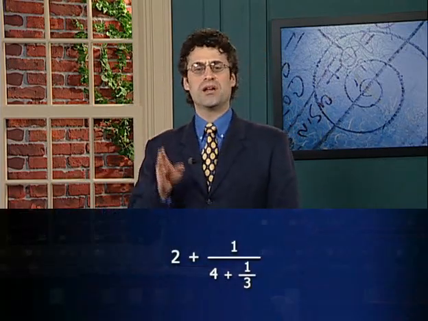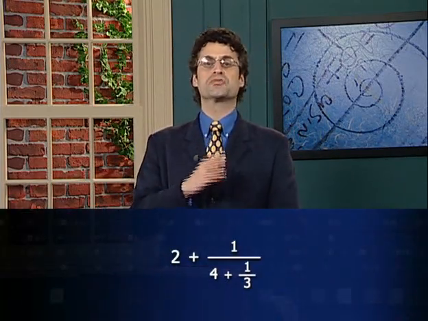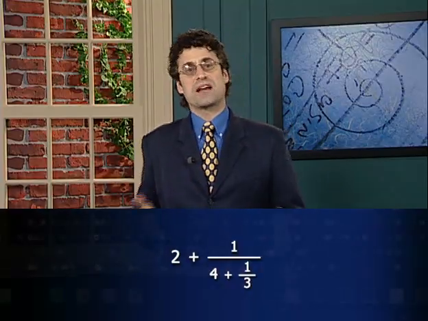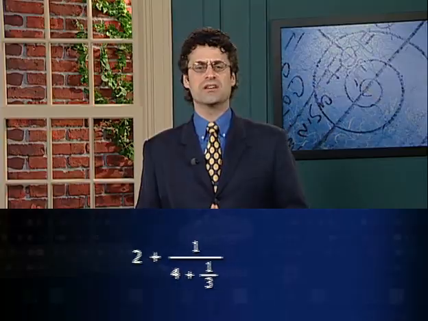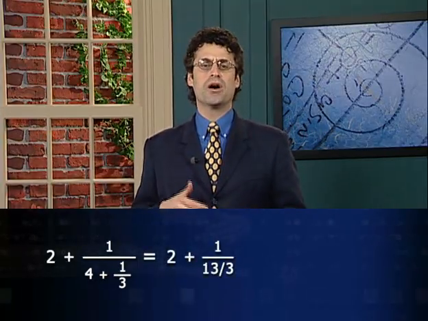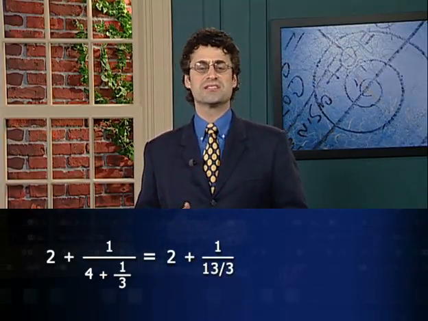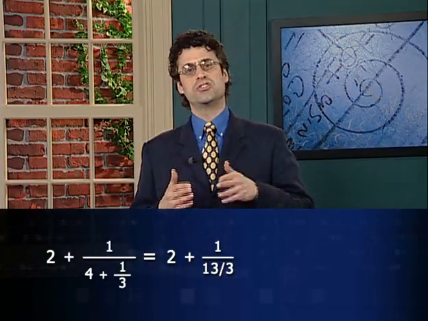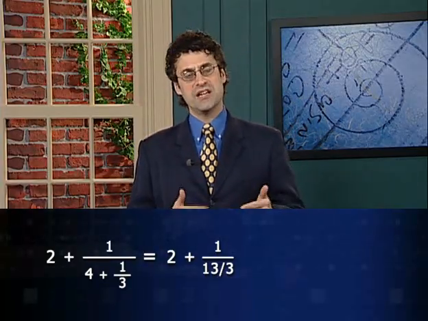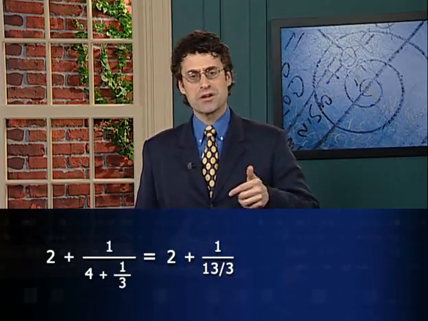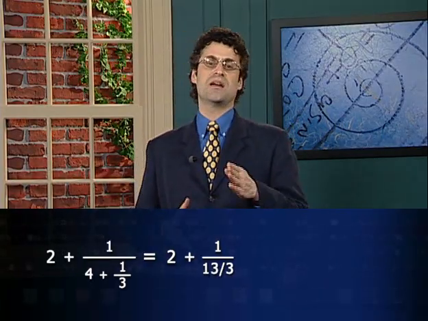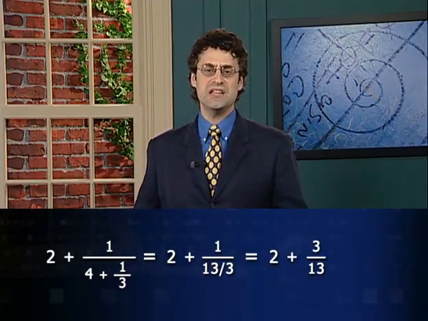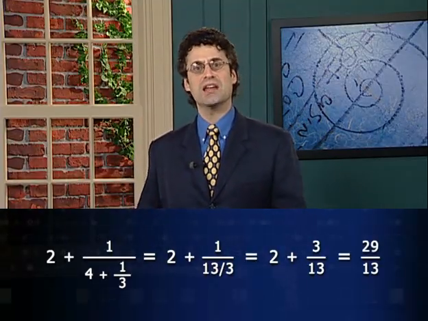For example, the continued fraction 2 plus 1 over 4 plus 1 over 3 is, in fact, some rational number. And to find it, we just have to undo all that division. We'd say that this equals 2 plus 1 over, and then 4 plus a third is 13 thirds. So I see 2 plus 1 over 13 thirds. If I take the reciprocal of 13 thirds, I would see 3 thirteenths. And so I'd see the number is 2 plus 3 thirteenths, which is 29 thirteenths.